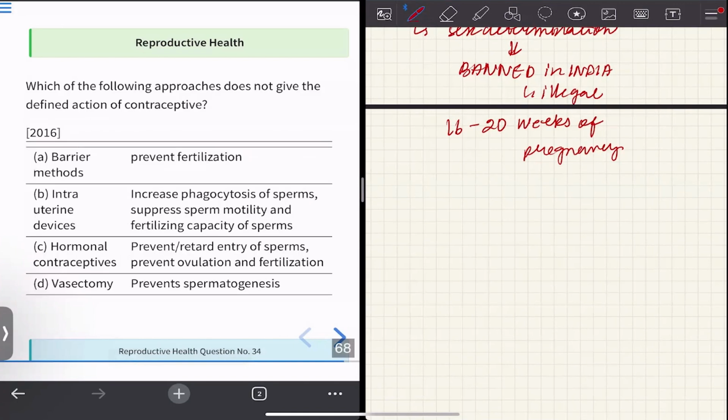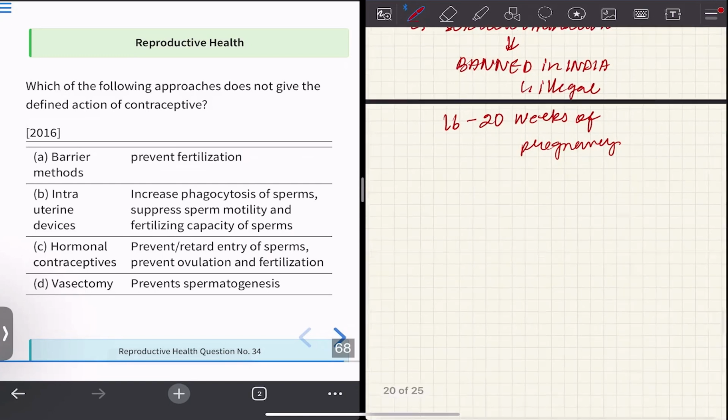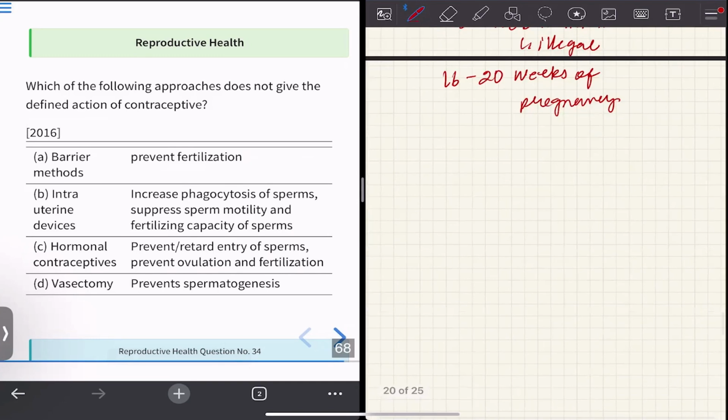Okay. Now, next question we have: which of the following approaches does not give the defined action of contraceptive? So it is a match the following. We have to match the contraceptive with their action. This one is question number 34. First is barrier method.